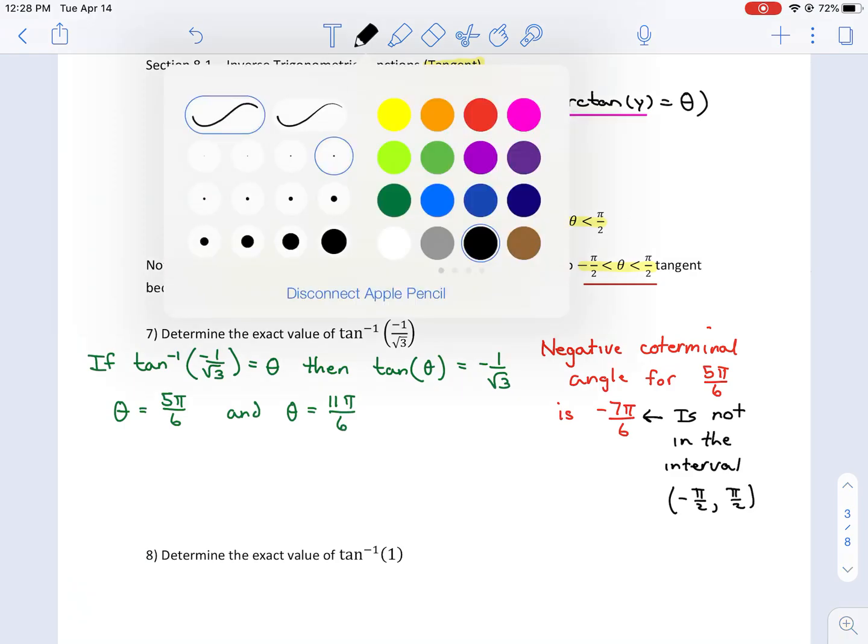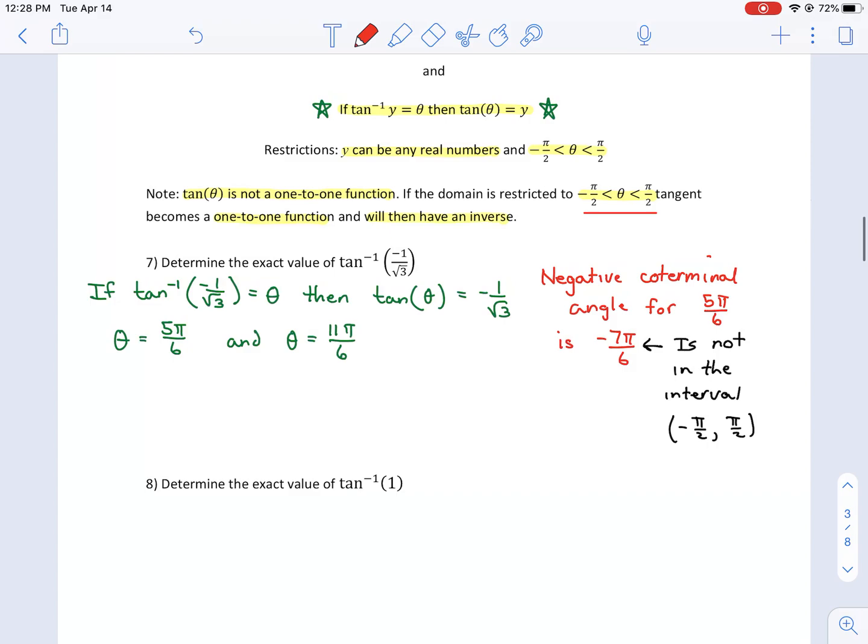So we're going to find the negative coterminal angle for 11 pi sixths. So the negative coterminal angle for 11 pi sixths is negative pi sixths.